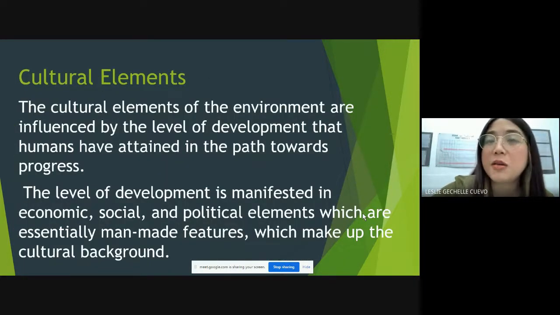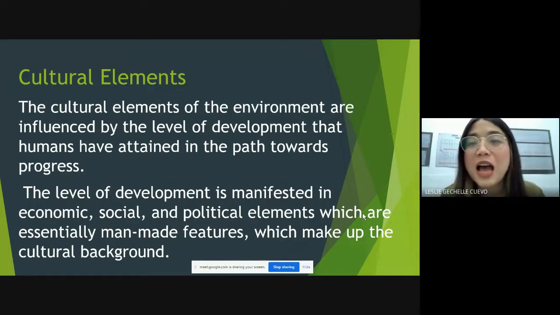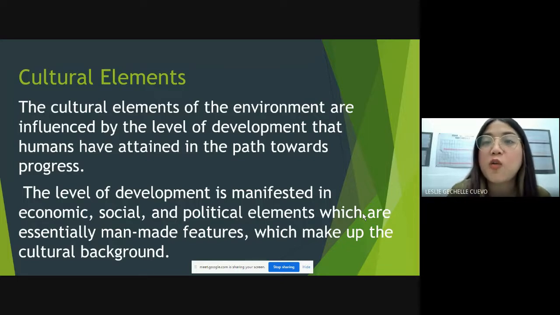Then we have cultural elements. The cultural elements of the environment are influenced by the level of development that humans have attained in the path towards progress. The level of development is manifested in economic, social, and political elements, which are essentially man-made features which make up the cultural background.